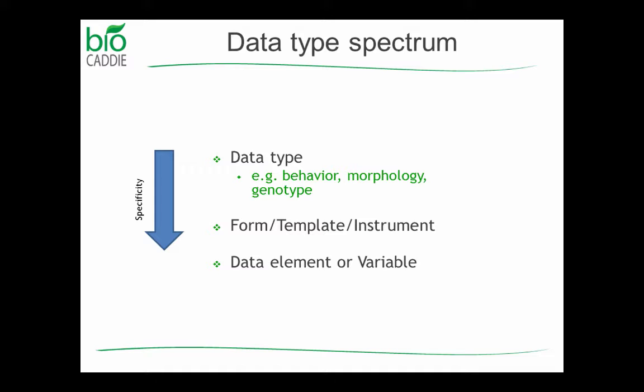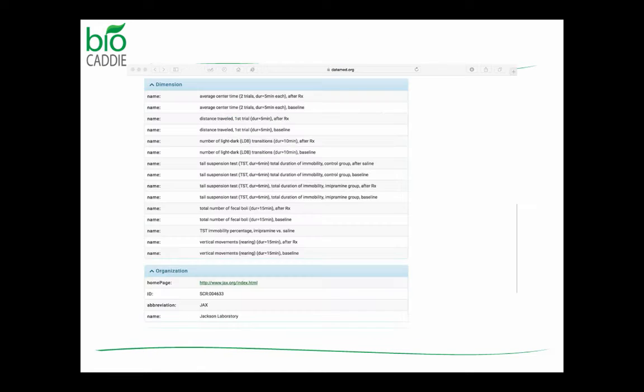It's not by coincidence that the word instrument is used in clinical research and in social sciences research in place of the physical instrument that you might use in a preclinical measurement situation. And then finally, you come down to the data element or variable, where you can't see the wood for the trees in a way.